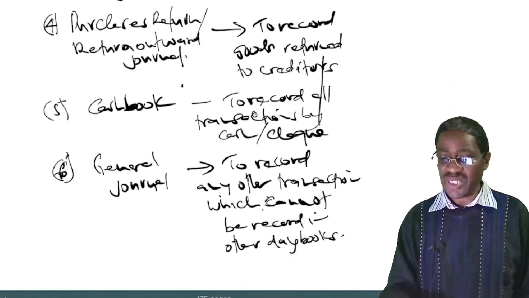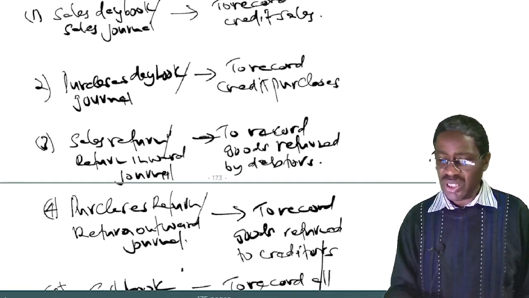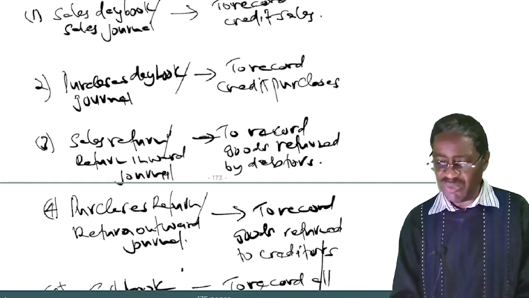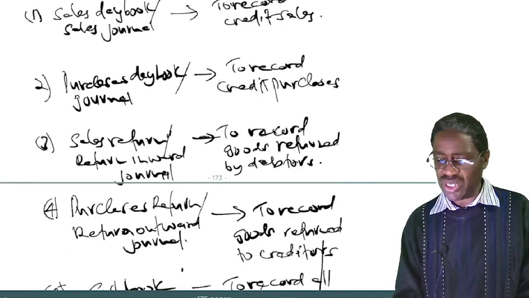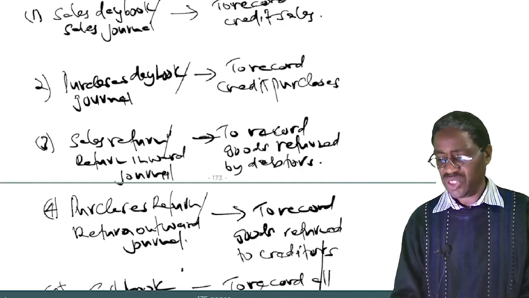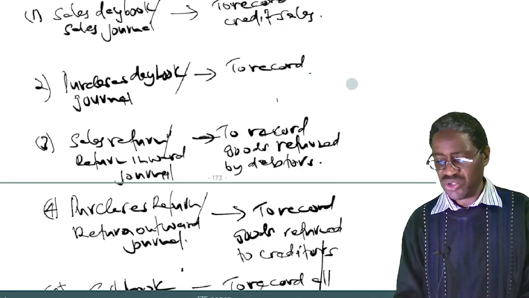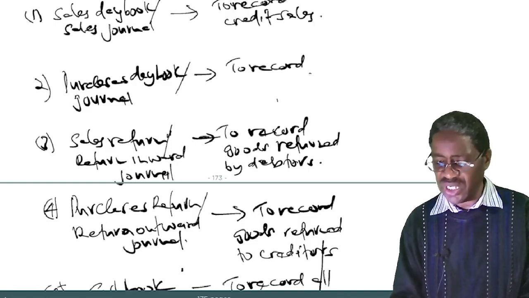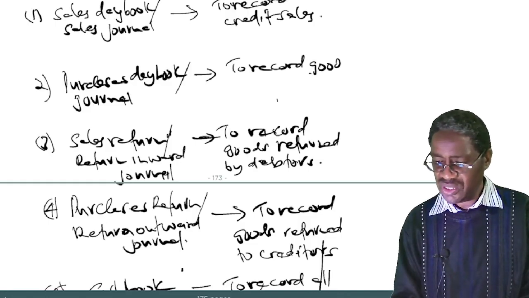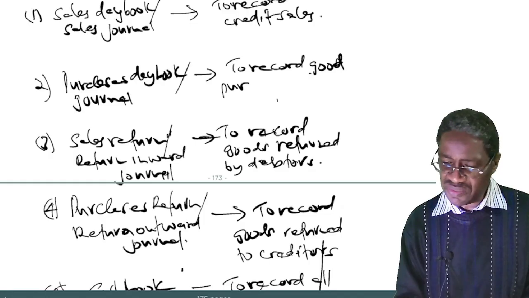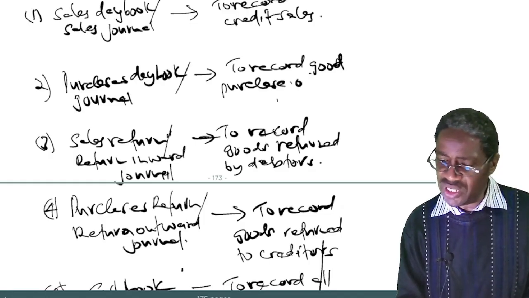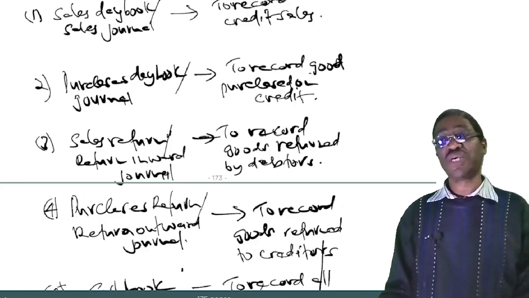Here, the purchases journal is to record goods purchased. Maybe we can say this: to record credit purchases, or to put it better, to record goods purchased on credit.